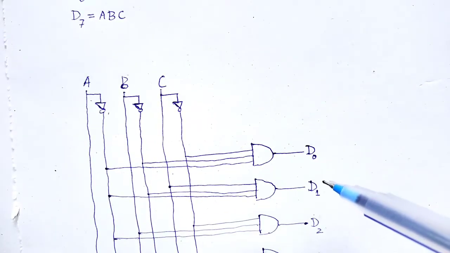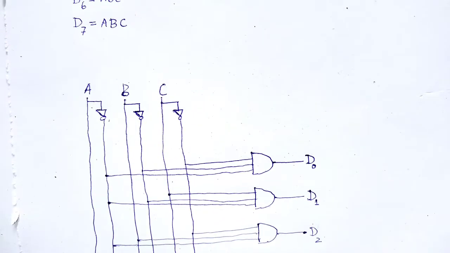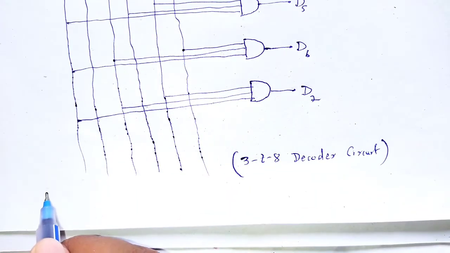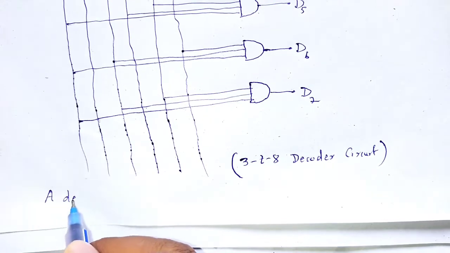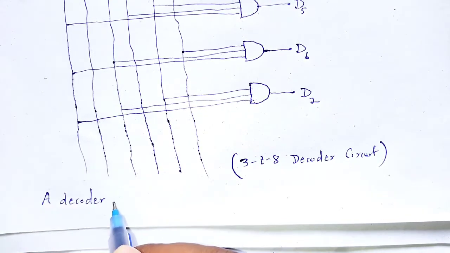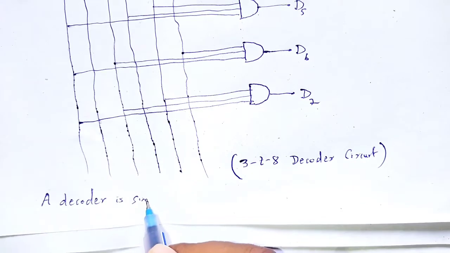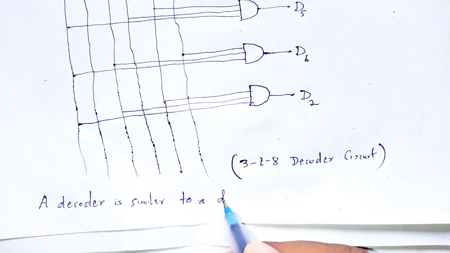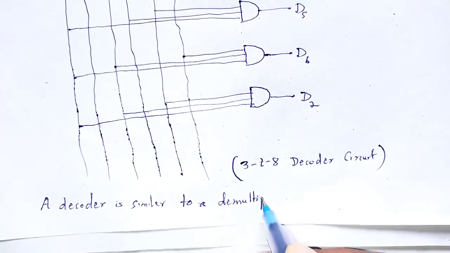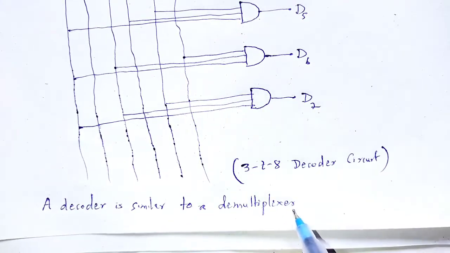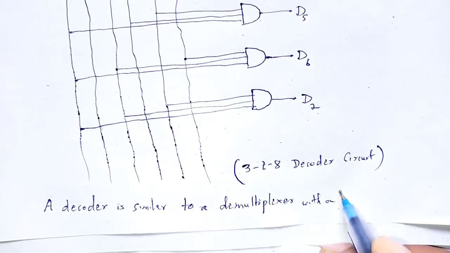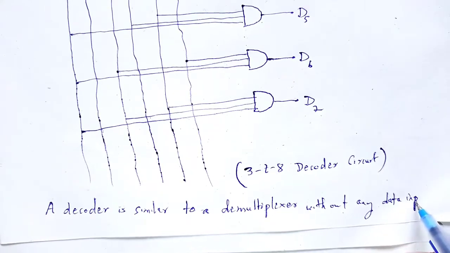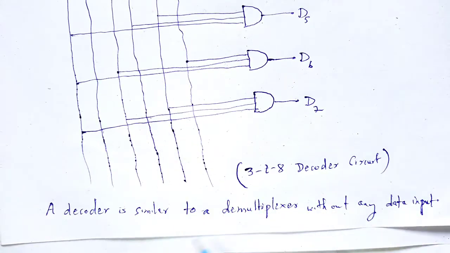So we can say a decoder is similar to a demultiplexer without any data input. Here the data input line is missing.